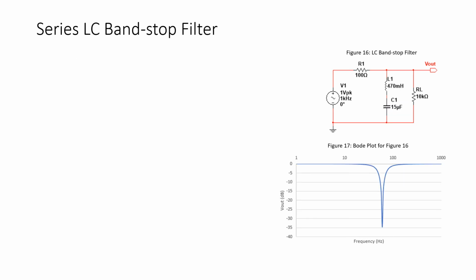Now I can also use this series LC combination to implement a band stop filter. And we see an example of a band stop filter in figure 16. So we have the series LC combination placed in parallel with the load resistor, in parallel with the output. We do have to have a series resistor R1 in the circuit between the source and the series LC combination.